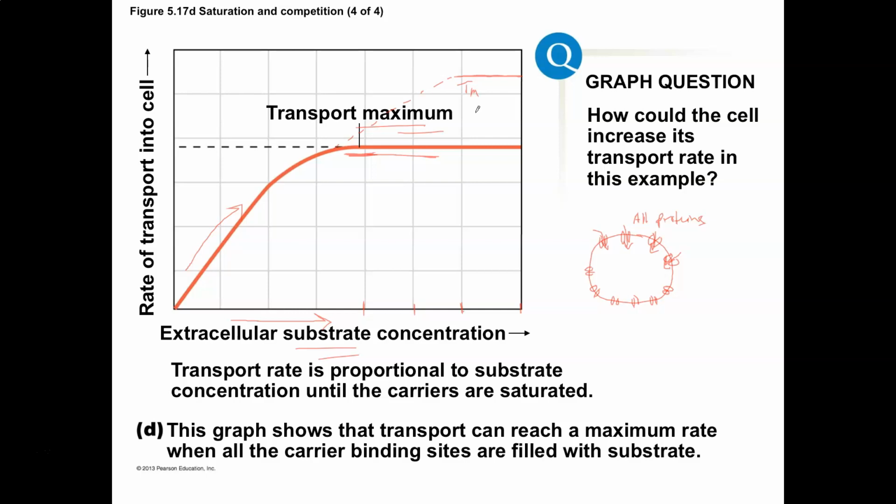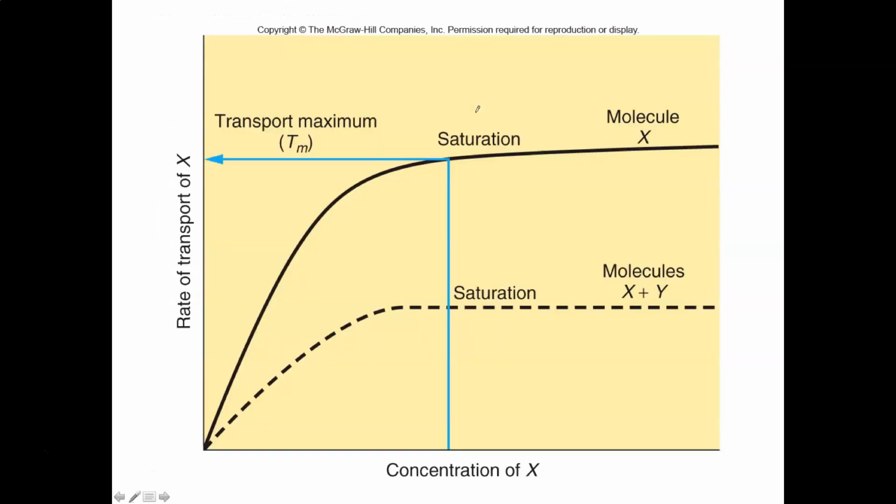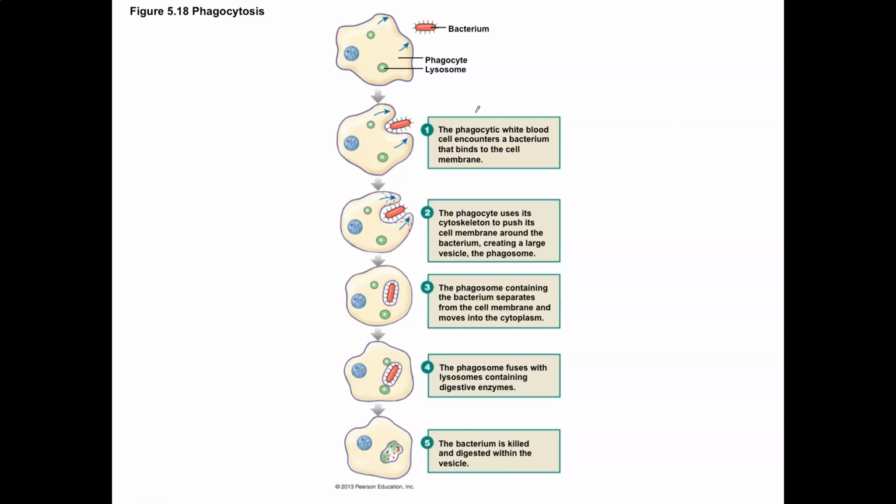The last thing to take a look at is vesicular transport. In vesicular transport, we're talking about active transport, but we're talking about moving larger particles. We're talking about moving sometimes entire organisms across the plasma membrane.